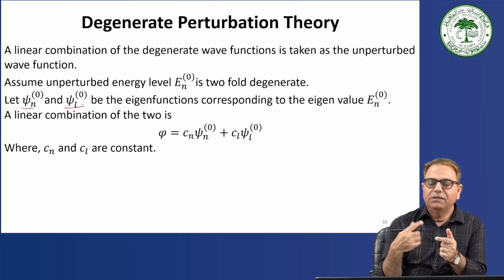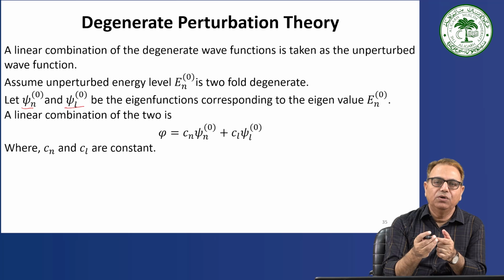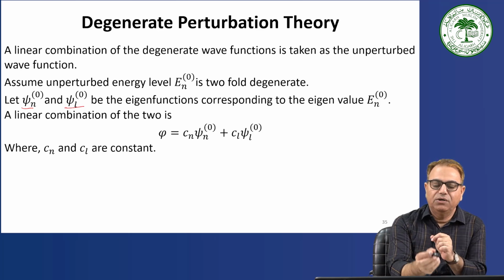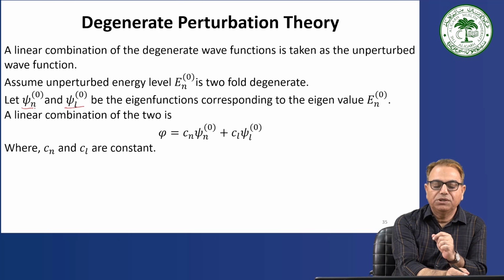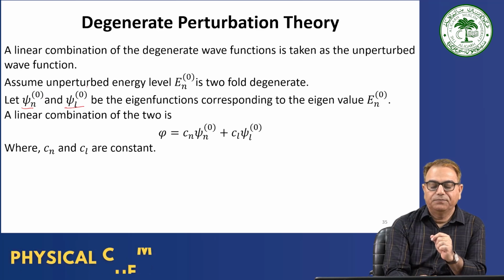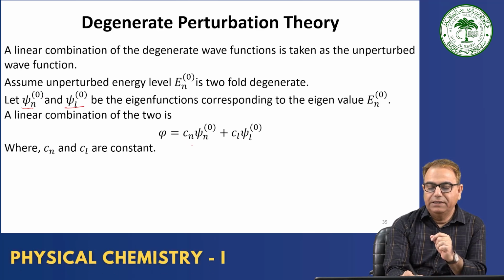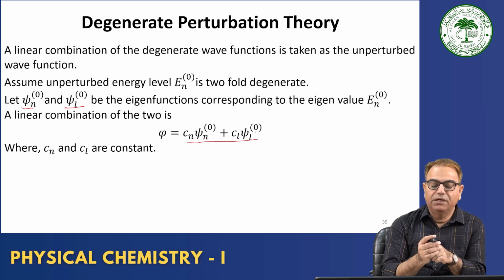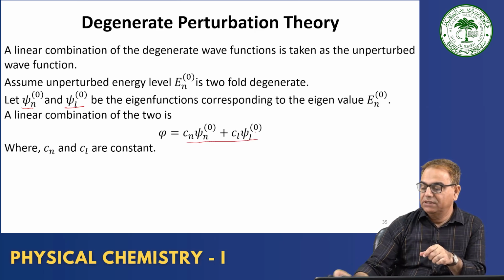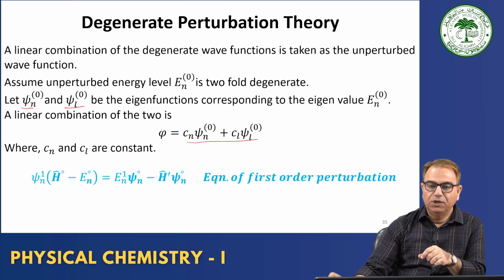So in the relationship of the first order perturbation, which we derived as equation 7 in the previous module, we will replace this psi n naught with a linear combination of psi n naught and psi l naught, like Cn psi n naught plus Cl psi l naught, and we will use this linear combination in this equation.